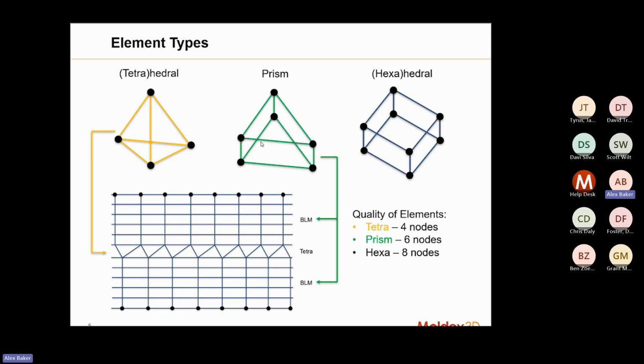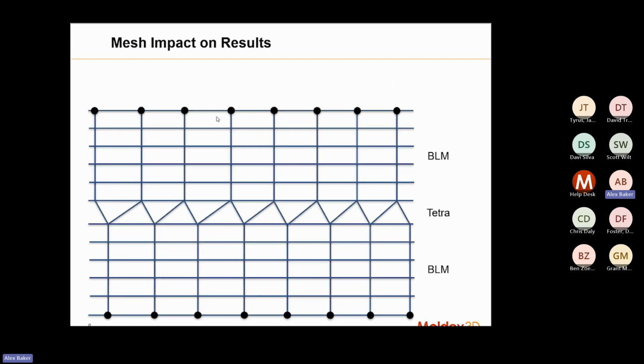The more nodes there are, the more precise that interpolation is going to be. So we have four nodes over here, 6 nodes in the prism element, 8 nodes in the hexahedral element. So hexahedral elements end up being the highest quality, followed by prism, followed by tetra.